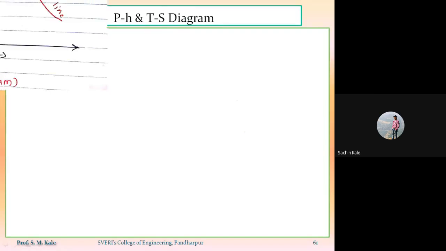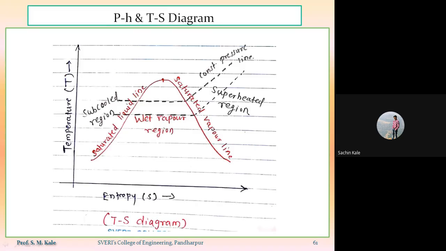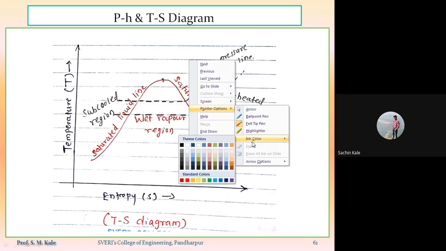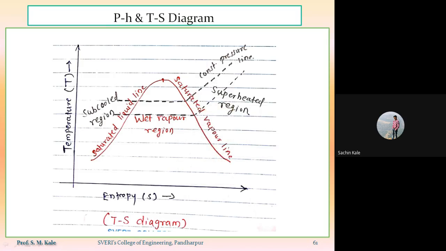Yesterday also we have seen the nature of TS diagram. Here also in the TS diagram, there will be basically two lines. First line will be called a saturated liquid line. Second line will be called a saturated vapor line. This is the line which will be called a saturated liquid line, and that line will be up to here.